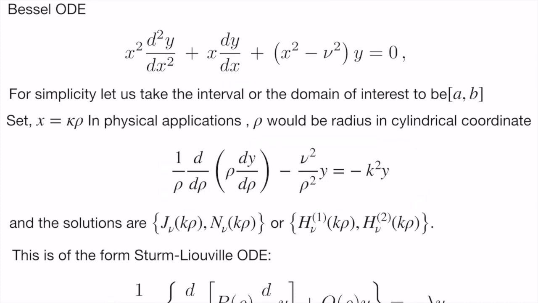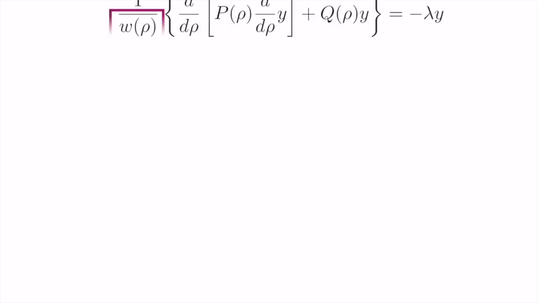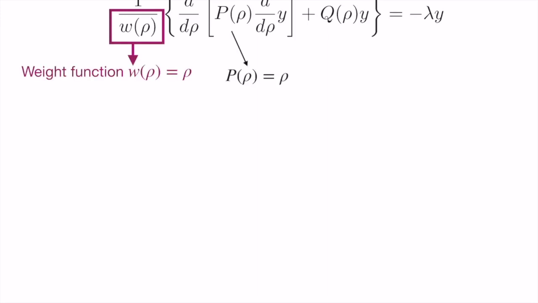That is obtained by comparing this equation with the differential equation rewritten here. The weight function is rho, and by comparing, we have p of rho also equal to rho, and then this is our eigenvalue.